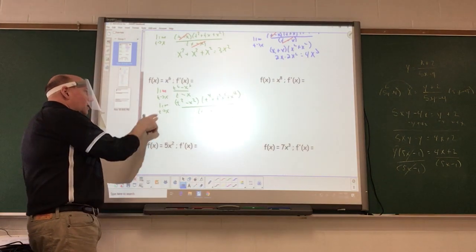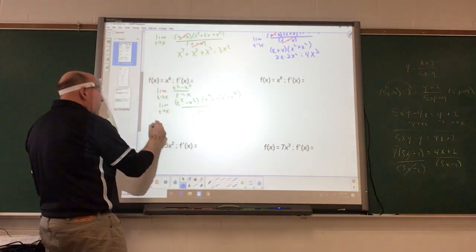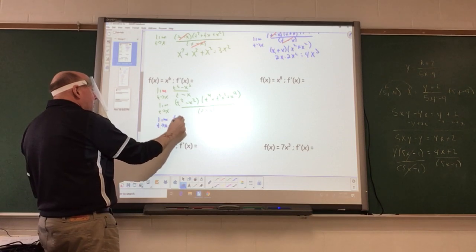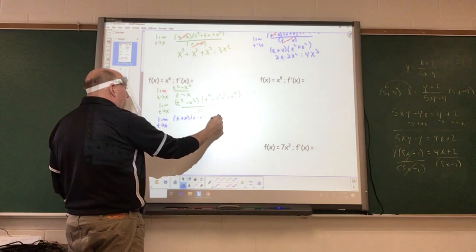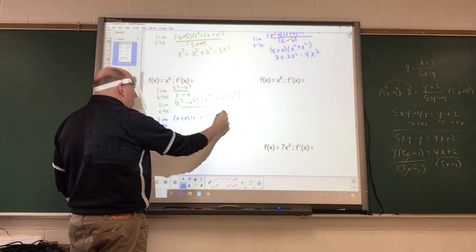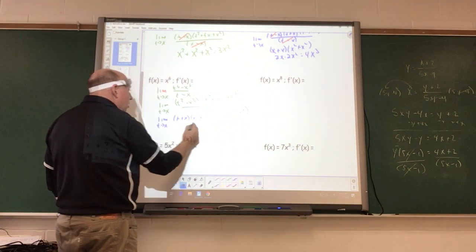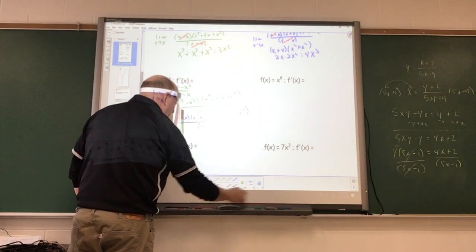I did that because I could still factor this down into t plus x, t minus x. So we're left with the limit as t is approaching x of t plus x, t minus x, t to the fourth plus t squared x squared plus x to the fourth, over the t minus x.